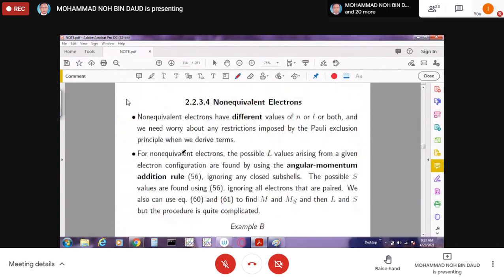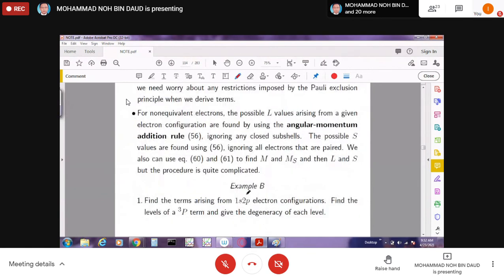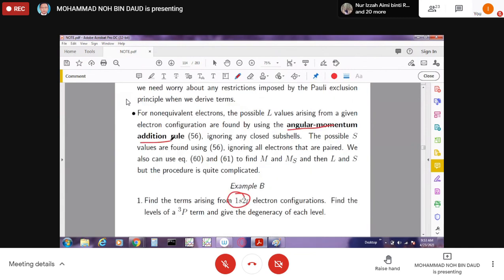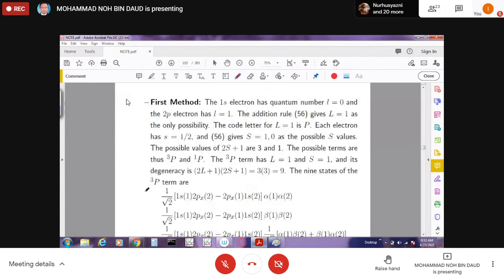Okay, for the non-equivalent electrons, like this one, S2P, you can use this angular momentum addition rules. So this is what we get here.